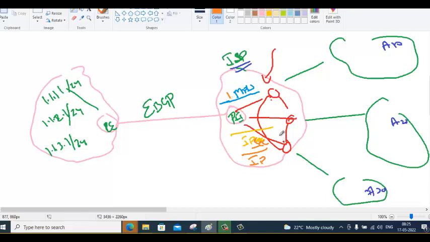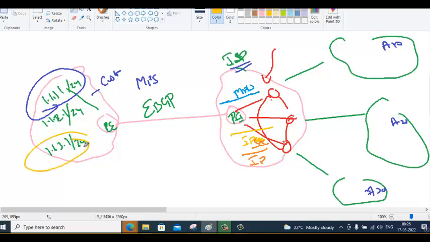So we got various services on the service provider side. But the customer has got a condition. If any traffic that is coming from this one needs MPLS. If any traffic comes from 113, needs IPsec.